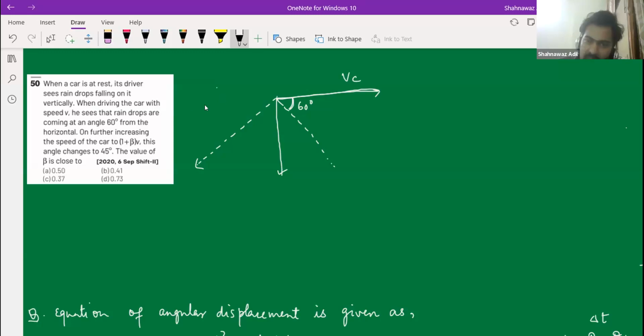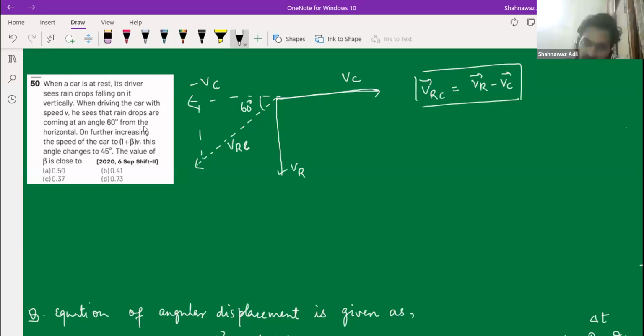So let's write in this way. This is rain. This is the velocity of the car in the negative direction, and this would be the angle, right? Now we have to find out this, which is VRC, which is VR minus VC.